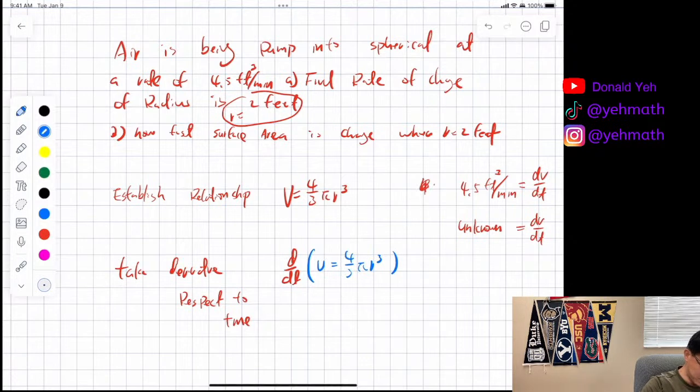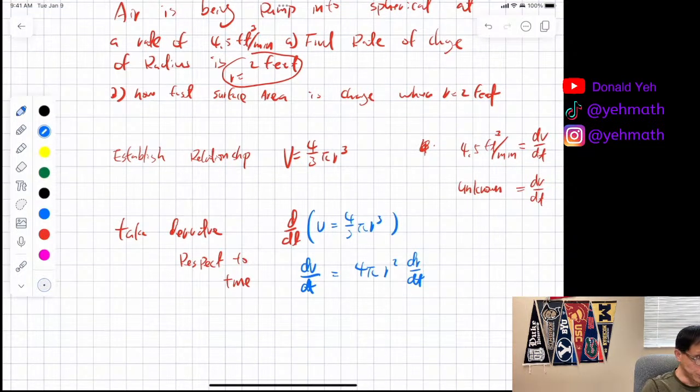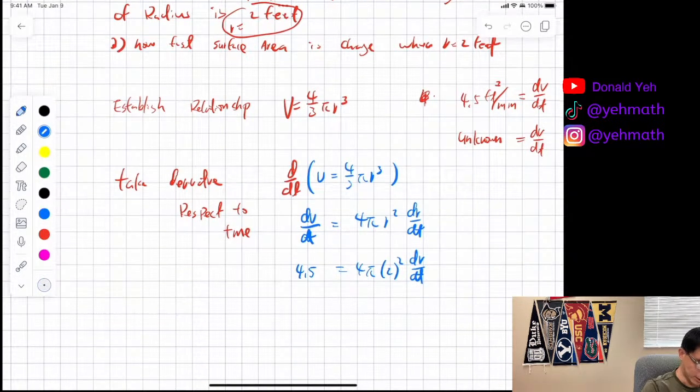So that's going to be what? dV/dt, which is something we know, and that's going to be 4 pi r squared dr/dt. What do we know about dV/dt? It's 4.5, right? That's equal to 4 pi, and r is 2 squared. Because the only thing that we don't know is dr/dt. Can we solve for it?